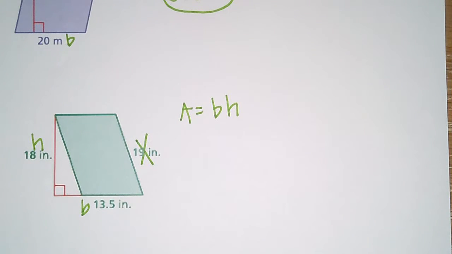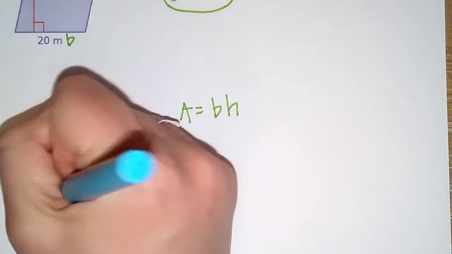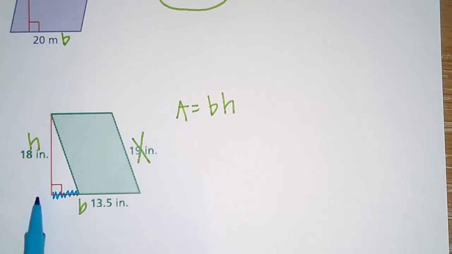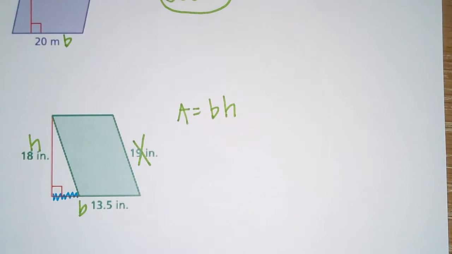Now, I want you to remember that although we extended the base to be able to draw our height appropriately, we actually don't count that in the measurement. So sometimes you might have a little measurement here, and that's not part of it. We only use the actual shape, and then the height is from that little extension.